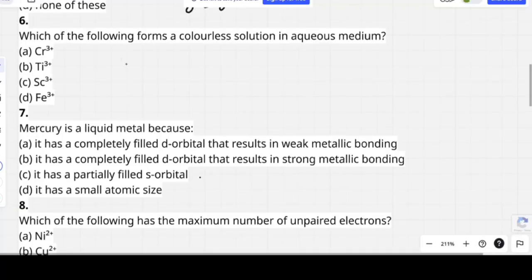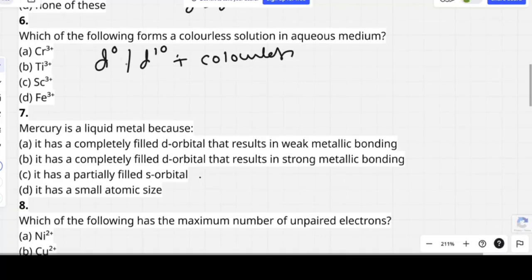For colorless, it contains paired electrons. If it has d0 or a d10 system, then the transition element is colorless. So you have to check the number of d electrons here.